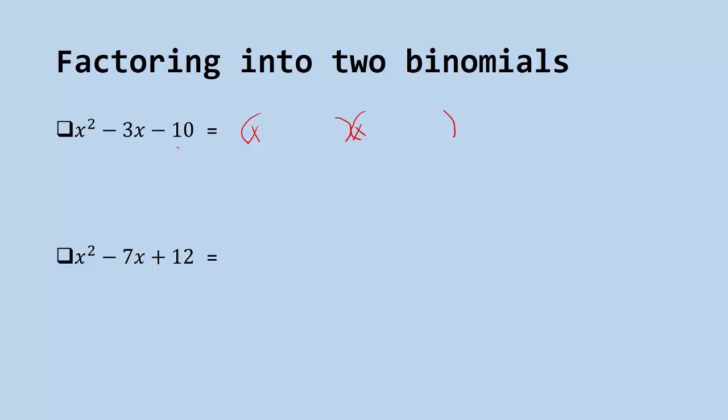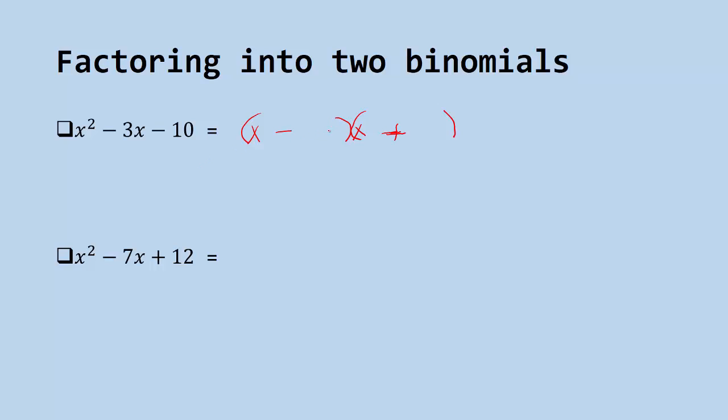To get a negative here at the end of my polynomial, it means that one of my numbers is going to have to be negative and one's going to have to be positive, because the only way to make a negative when you're multiplying two numbers is if they are opposite signs. When I put my numbers in for 10, I'm going to be adding them back together to see if I get a negative 3x.